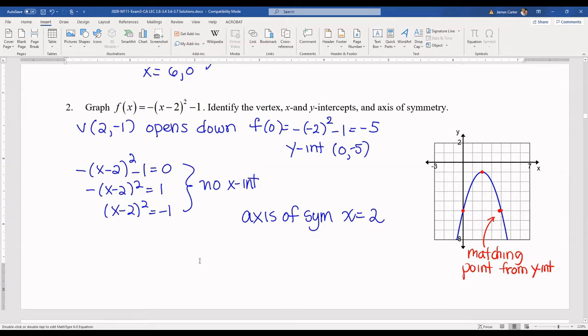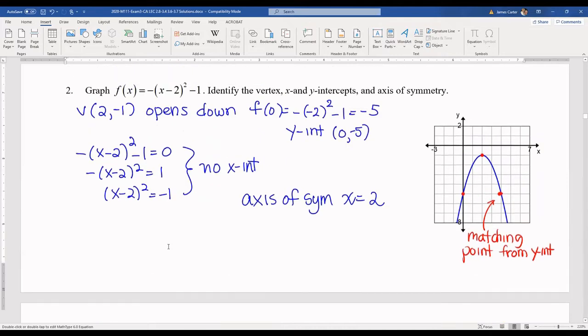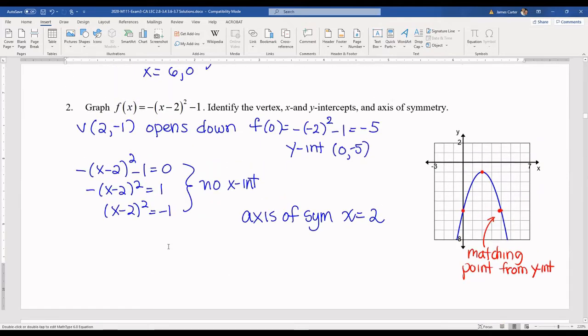Okay? That's easier than doing an XY table. There is no x-intercept on this one because it opens downwards and the vertex is below the x-axis.